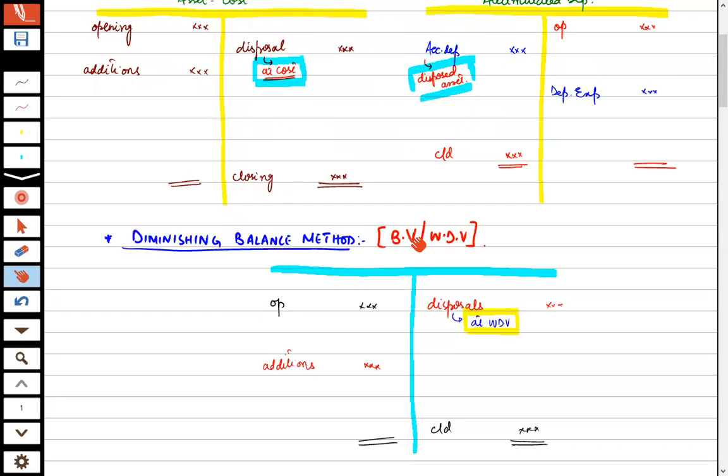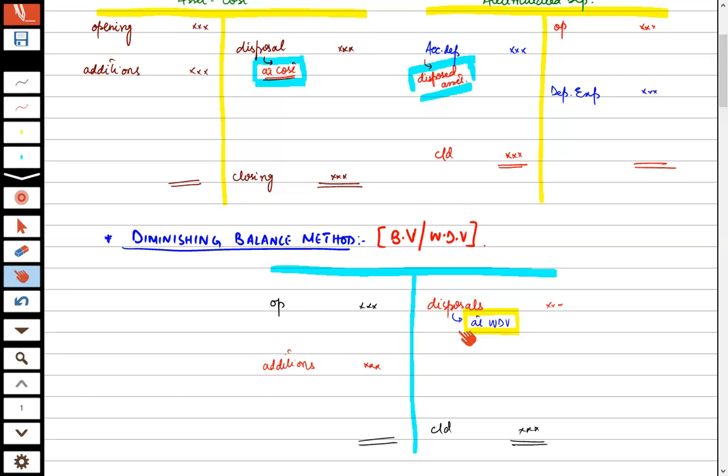But when you're disposing of any asset, you have to dispose it at cost. That's how we did the examples. So for this method, it's going to be at book value? The entry would be made at cost, but the T account would be made at the net amount in WDV. Clear?